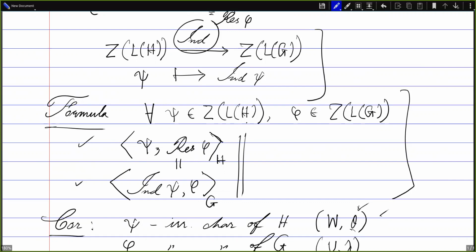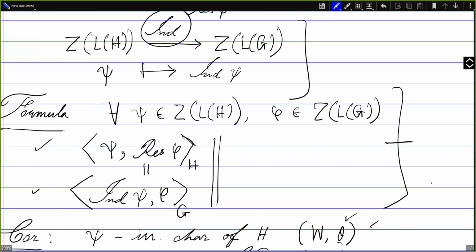Then using linearity of the first variable and conjugate linearity of the second variable of the inner product, we get this for any class functions on H and G respectively. So in view of that, it's enough to show this formula when psi and phi are irreducible characters.